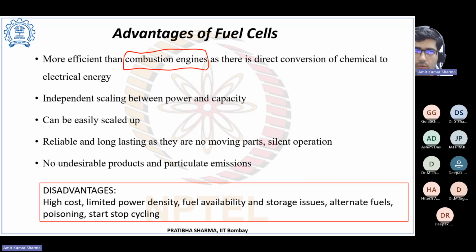So either you can recover the heat or you cannot. It depends. Basically heat release will be there.